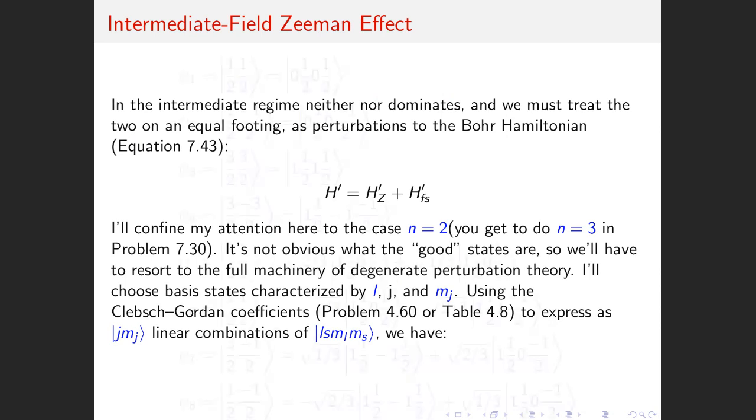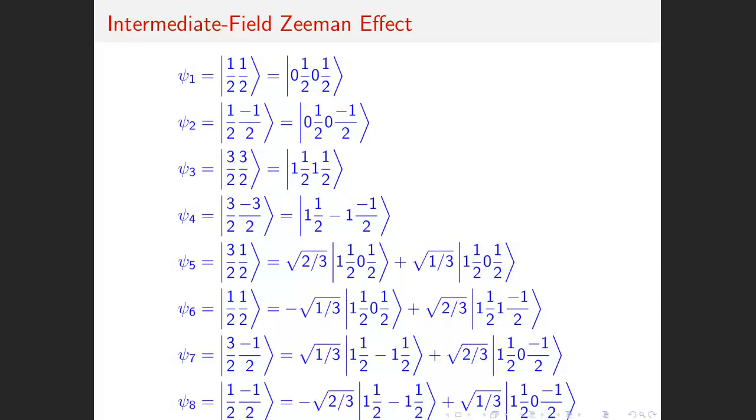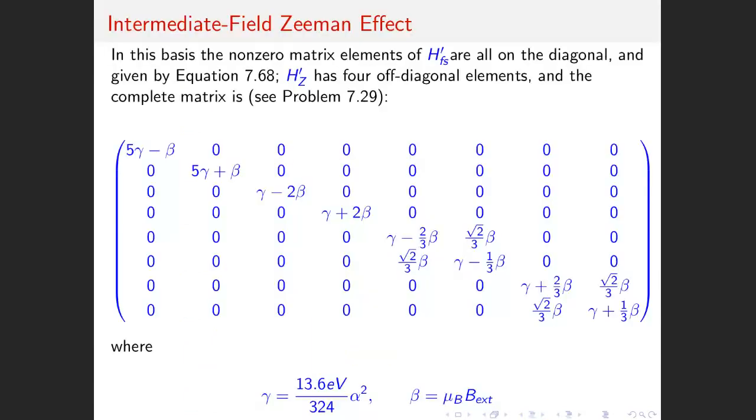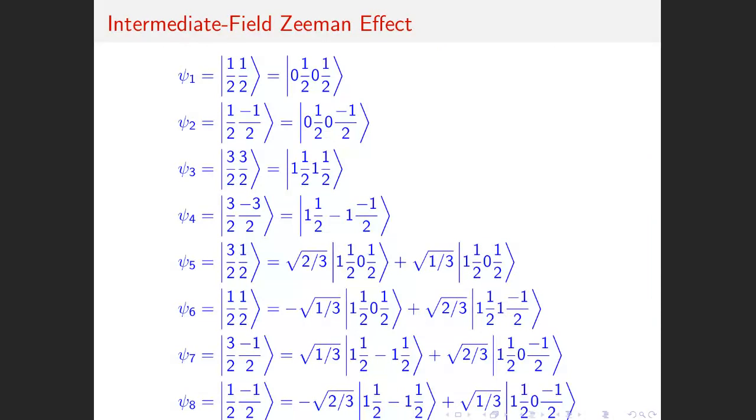The next one would be the intermediate one, which will require a lot of work. I'll stop here, but just to summarize, the first thing that you have to do for the intermediate Zeeman effect is make use of the full degenerate perturbation theory, meaning that you first have to change bases.